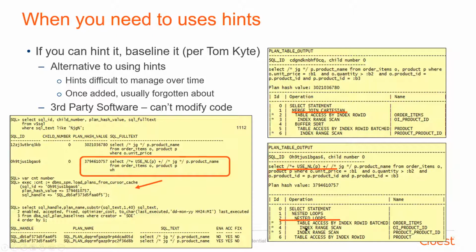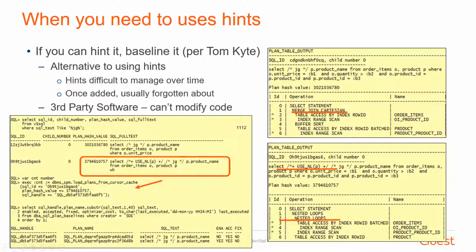Then I got my query out of cache, and I said, load this query into a baseline. So I said, load plans from cursor cache, and made a baseline out of it.